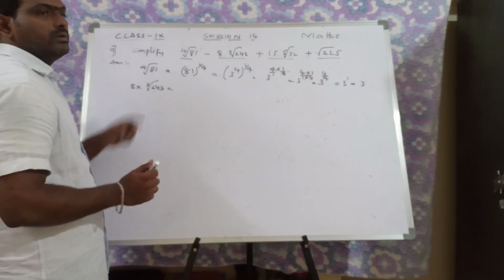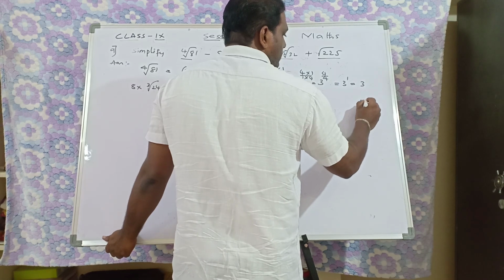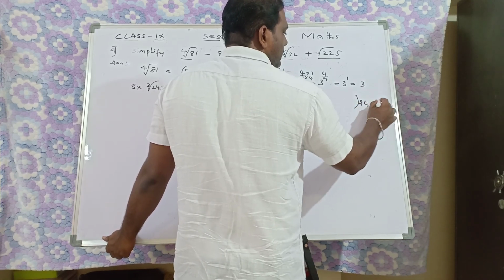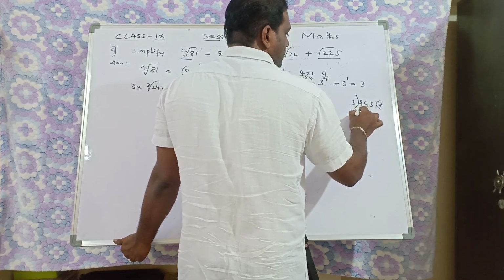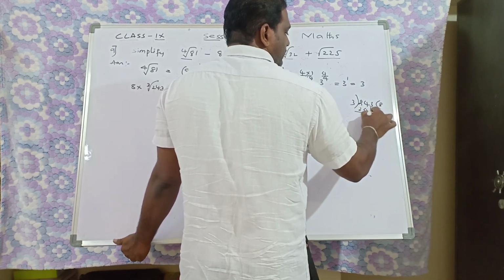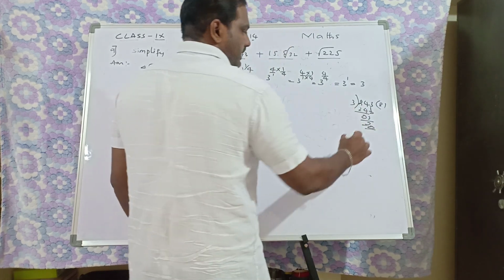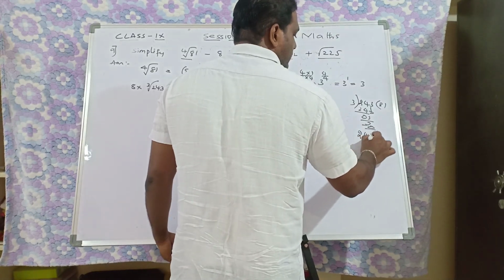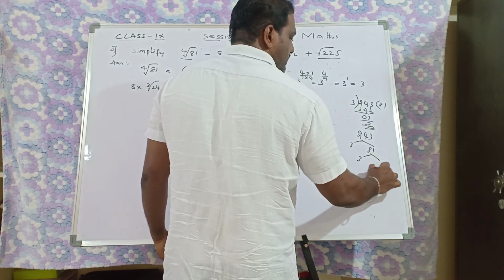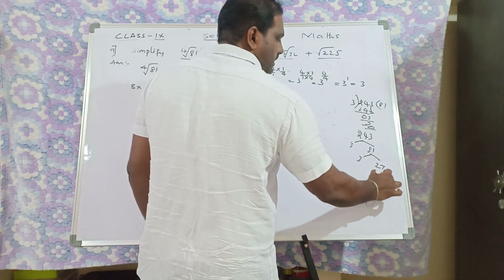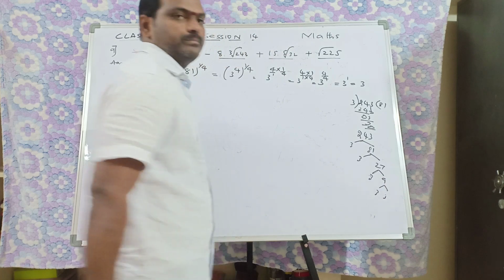Now what do I have to take? 243. You know 243? 243 is going to be divided by the 3 table. 3 8s are 24, 3 1s are 3. How much was it? 3 into 81. That means 243 can be written as 3 into 81. 81 can be written as 3 into 27. 27 can be written as 3 9s. 9 can be written as 3 3s.